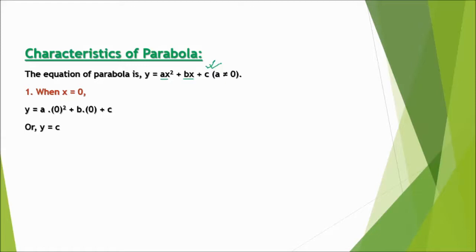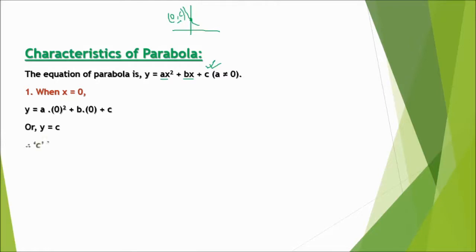When x is equal to 0 and we get a certain value of y, we plot this point on the y-axis. So that means the curve intersects the y-axis at the point 0 comma c. The value of x is 0, we get the value of y as c. That means the curve passes through the point 0 comma c, or it meets the y-axis at 0 comma c.